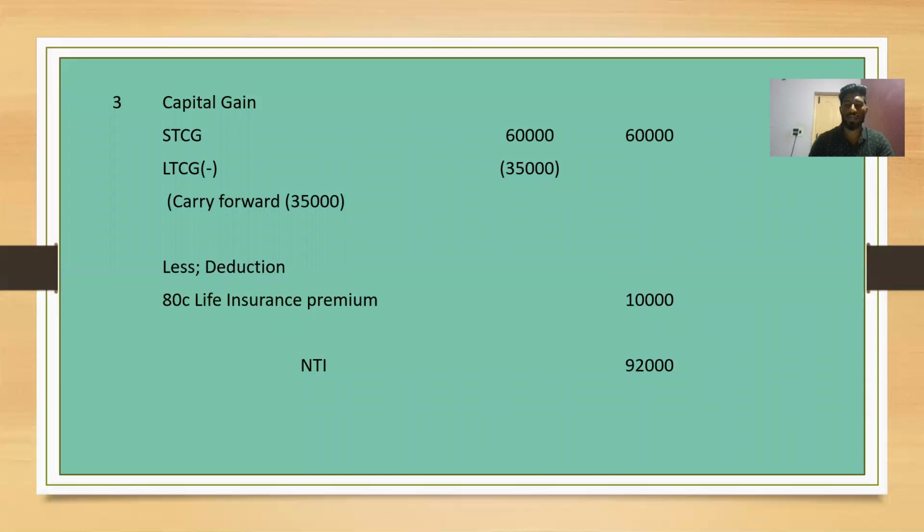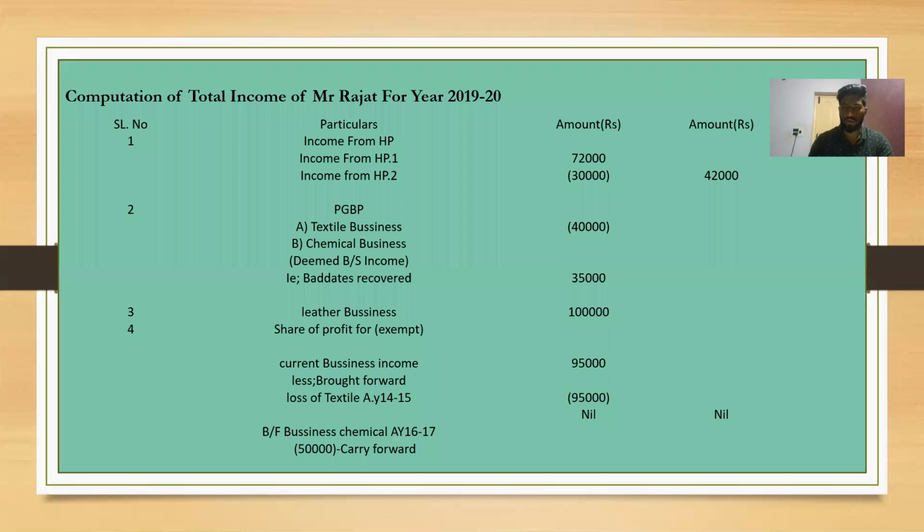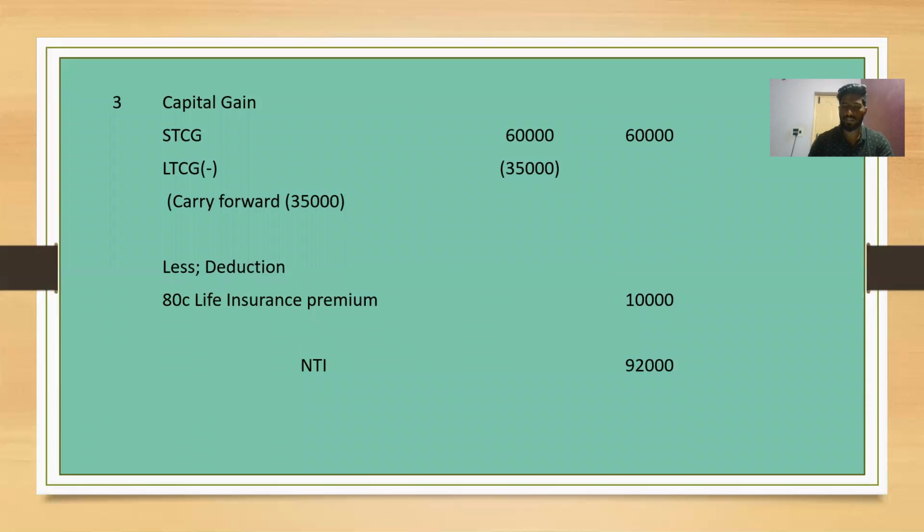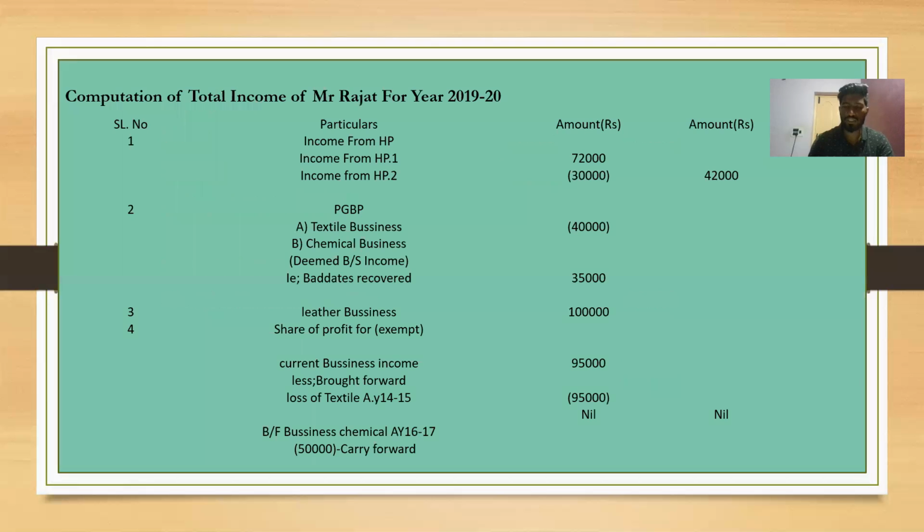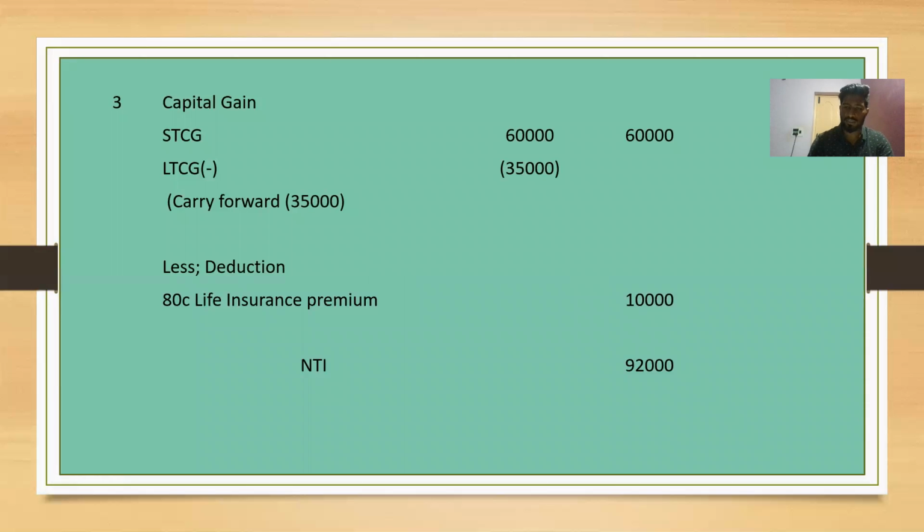We will deduct that amount of rupees 10,000, and we add all the amounts of the outer column: 42,000 plus 60,000 is 1,02,000, minus the deduction of 10,000. Our net total income is 92,000.